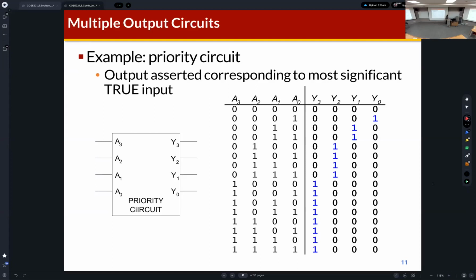So how can we implement the logic for this priority circuit? We first define the Boolean equation, right? It's easy.